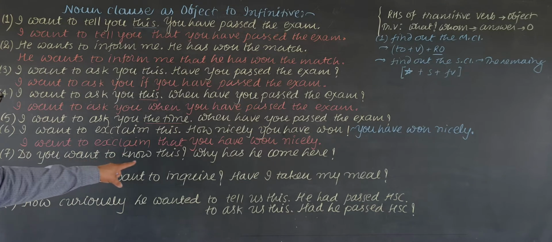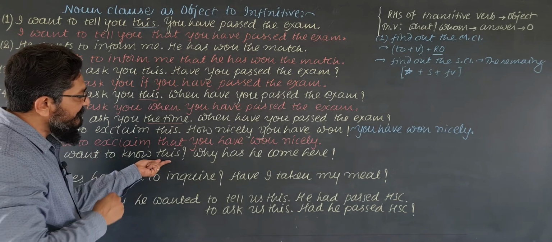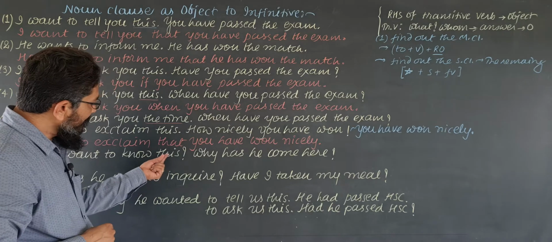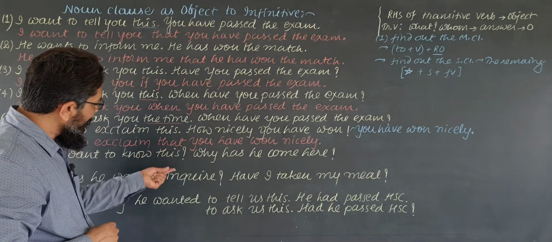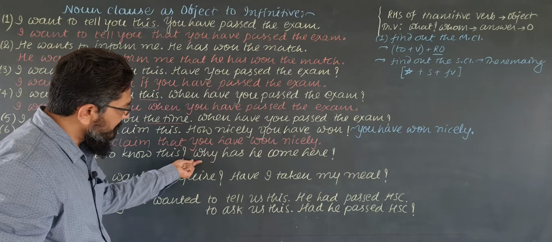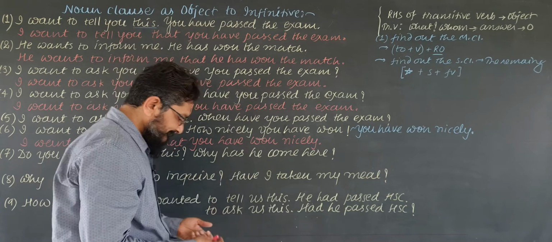Do you want to know this? To know. What to know? This. So, this will be removed. Why has he come here? Okay, we will eliminate this, but the capping will be of the WH word because it is interrogative, and it will be he has form, not has he.